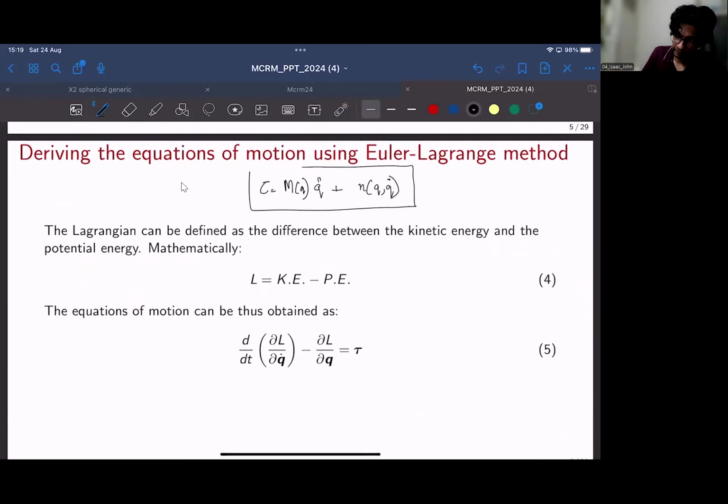Now, how to derive this equation for any given robot manipulator? To derive the equations of motion for any given manipulator, in this course we follow two methodologies. The first one is called the Euler-Lagrange method, and the second one is called the Newton-Euler method. We implement a recursive method.